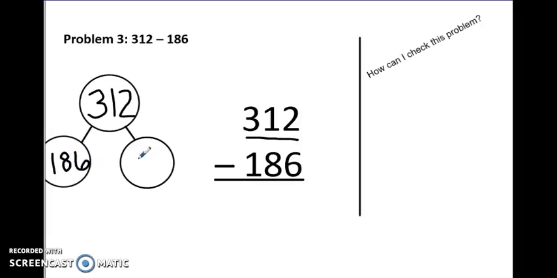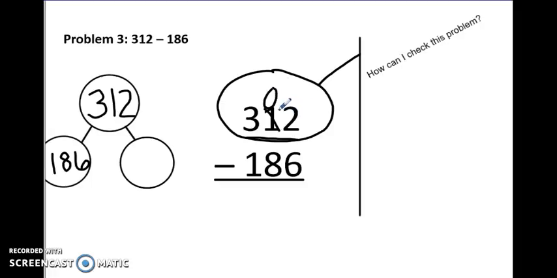Now I'm going to subtract to find what my other part is. So we start with our ones. 2 minus 6. Well, 2 is less than 6, so I need to go and borrow or take a 10. So I'm going to go next door, cross out the tens, and make it a 0. And I'm going to give the 2 a 10 and make it a 12.